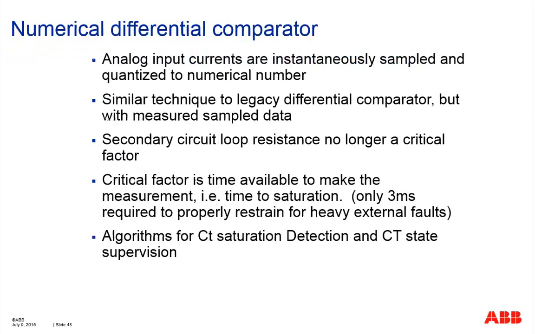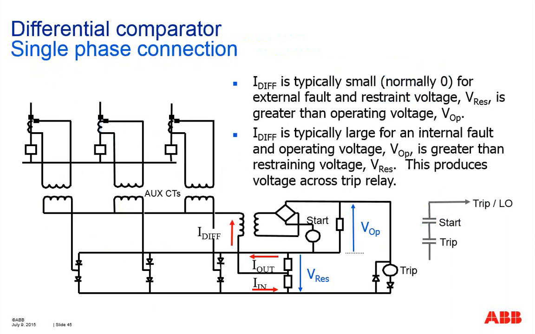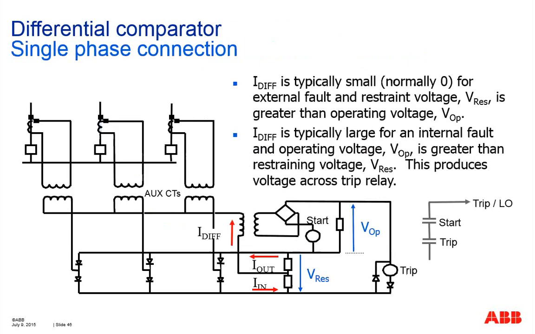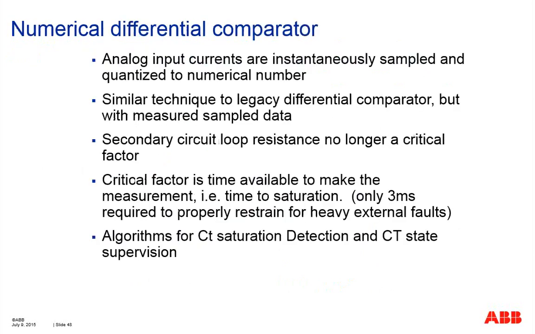Now, as I mentioned, modern relays, especially ABB, are using the same algorithm. But what's different is that we take the numerical approach. So we take the analog current, instead of going through these auxiliary mechanical transformers and diodes, through a digital signal processor to sample and quantize to numerical numbers.